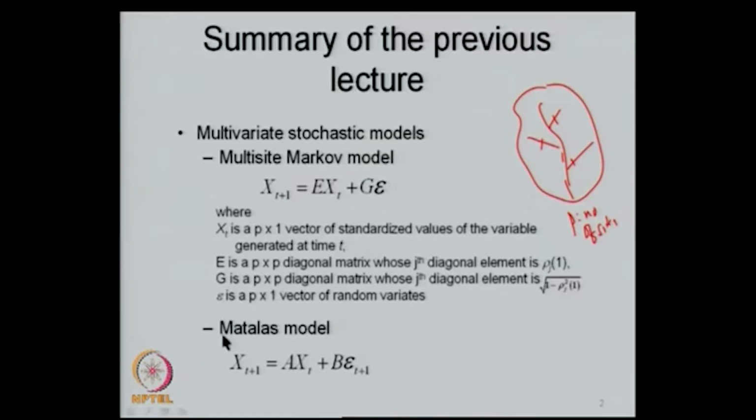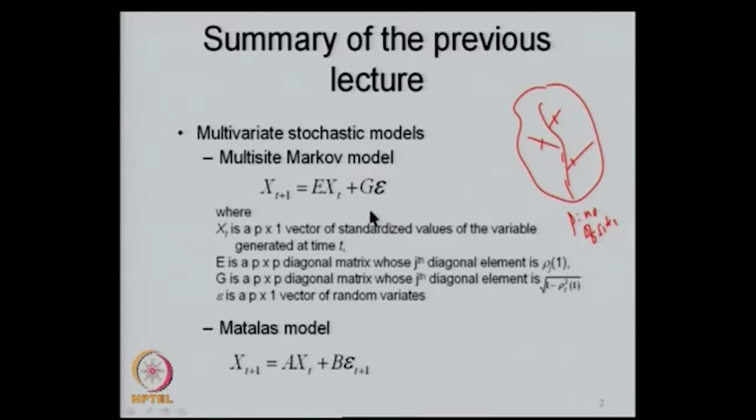A more general form, and which is also very useful, is the Matalas model, and this is what we introduced in the last class. Starting with this kind of a structure, Matalas has introduced a more general form of the multi-site model.